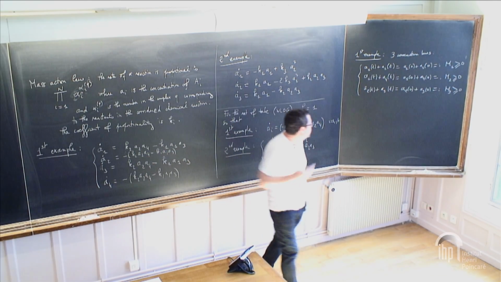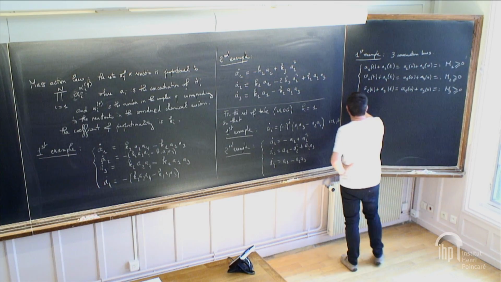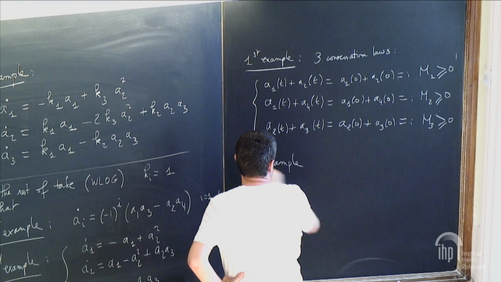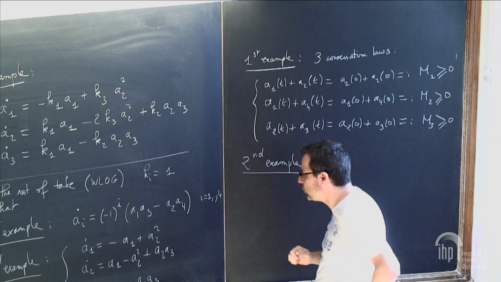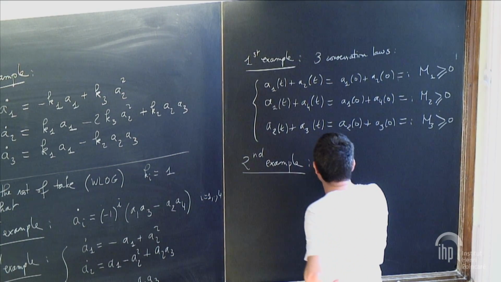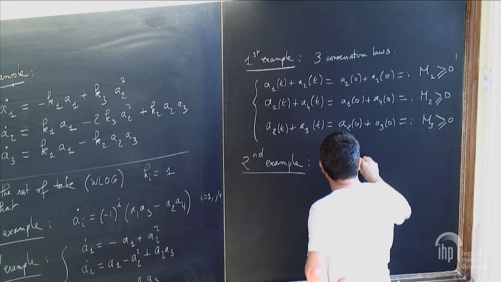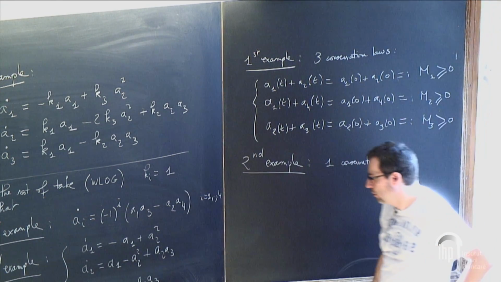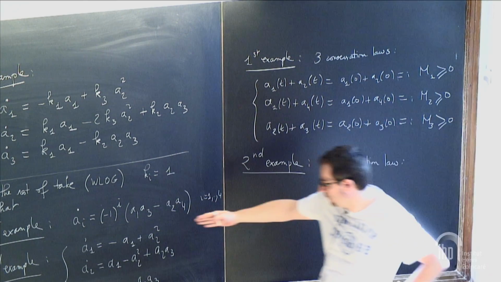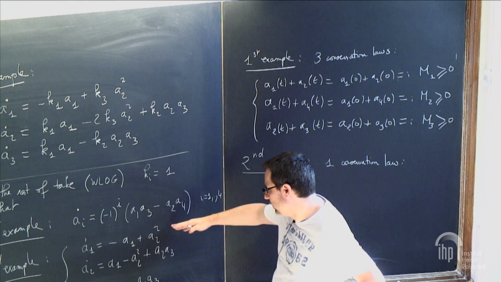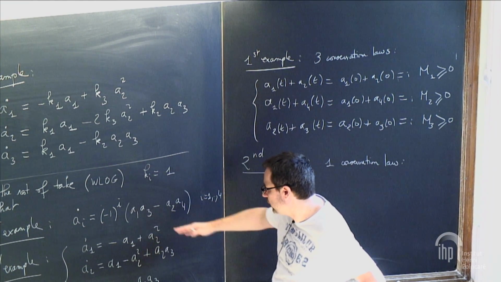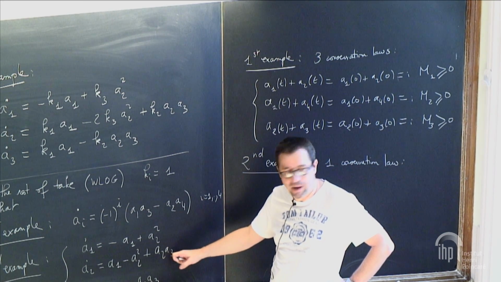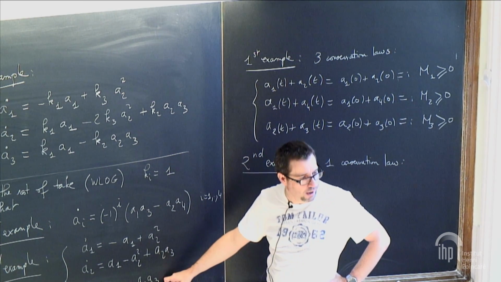Okay. In the second example, there is actually only one conservation law. And you can more or less guess how you will get it. You see that the only way to remove A2, A3 is by adding the second and the third one.